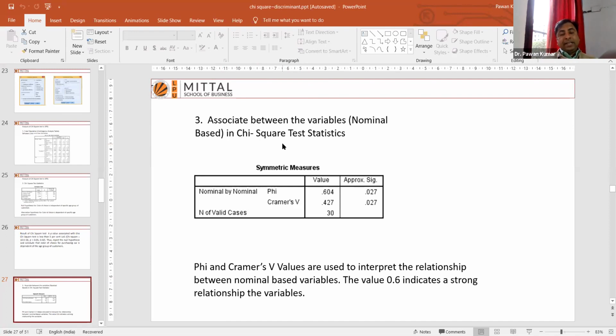Okay. So that is the relevance of the chi-square test, and we came to know that chi-square is a non-parametric test. So there is no assumption of normality. Normality is only required in the parametric tests, which we studied in the last 2 days, that is the one sample t-test, independent sample t-test, and ANOVA.